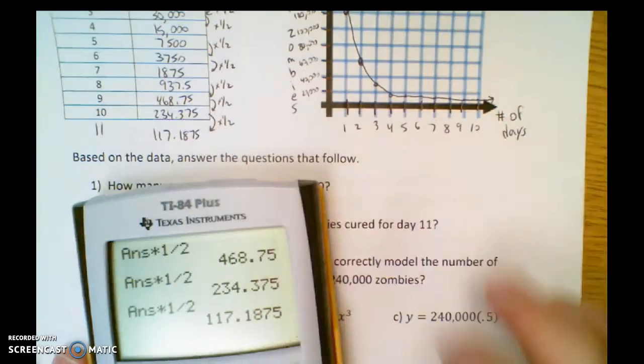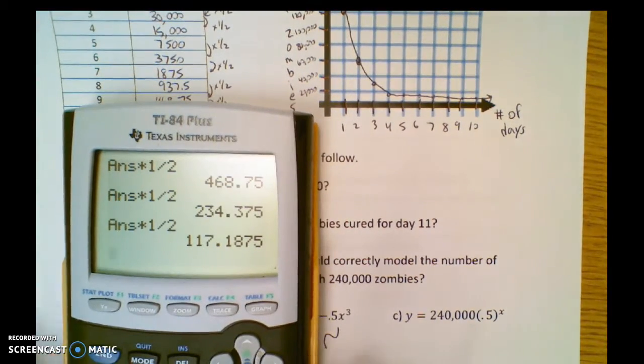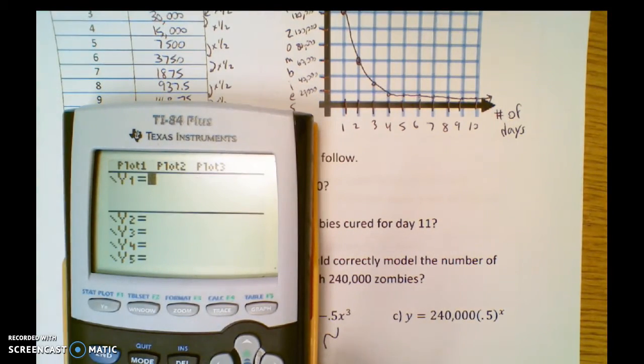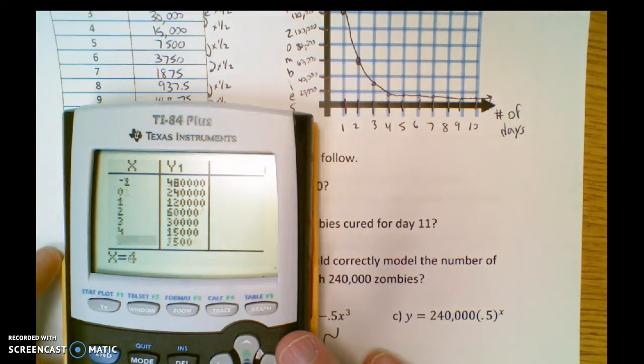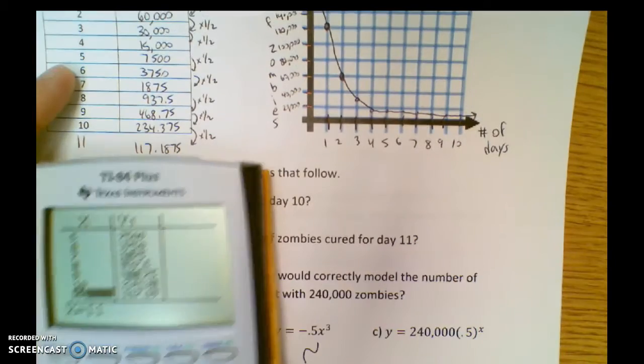And taking a look at it, we can compare. If we hit y equals, and you plug in the values for our problem, notice it's 0.5 instead of a half, it's the same number, and hit second table, you should be able to see the same numbers that we had going down the graph.